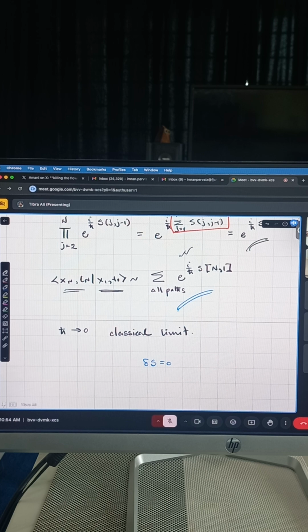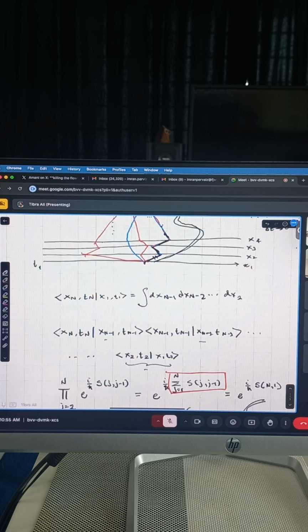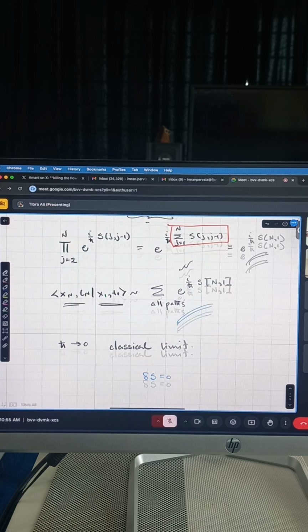And if there's a path which is far away from the classical path, such as this path, say, if I vary the path even slightly, then the delta S would be quite large, so there would not be any correlation between the phases associated with neighboring paths, and they will be randomly distributed, and therefore they will tend to cancel out.